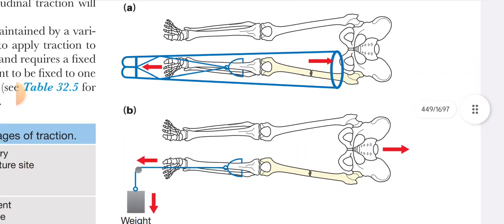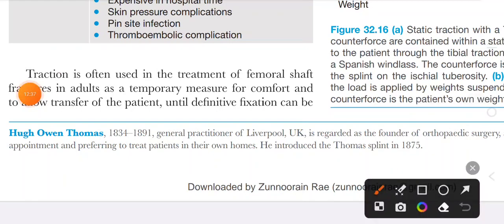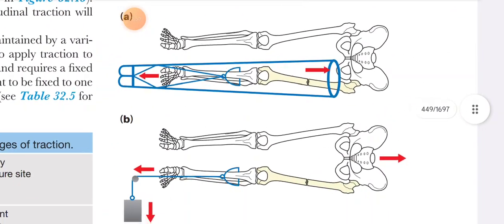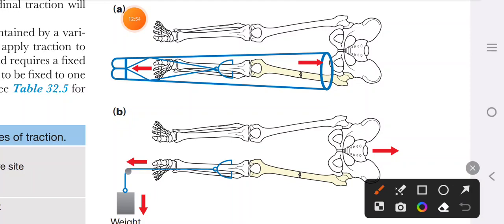Traction is most commonly used for femoral shaft fractures in adults as a temporary measure to comfort and to allow transfer of patient until definitive fixation is done. This is a Thomas splint which is applied initially in a static fashion. The load is applied to the patient through a tibial pin via these cords which are tightened with the Spanish windlass technique.